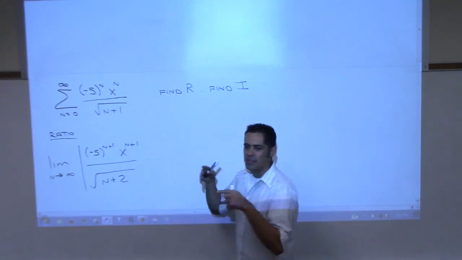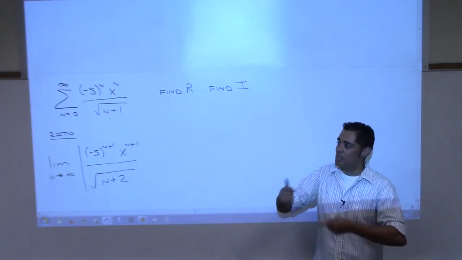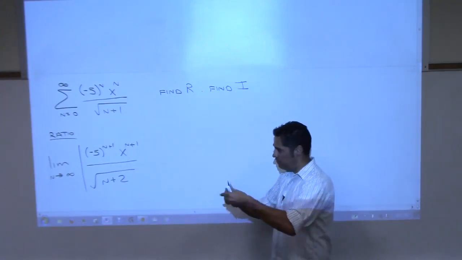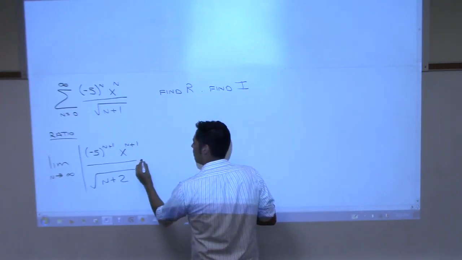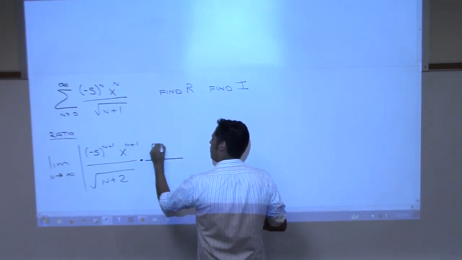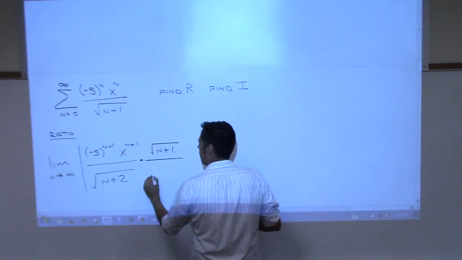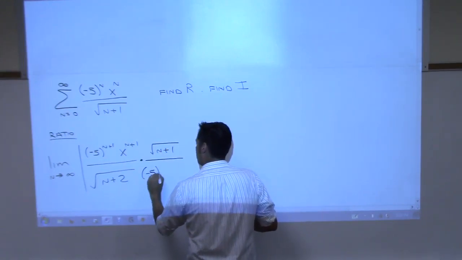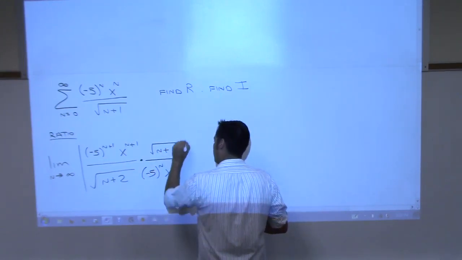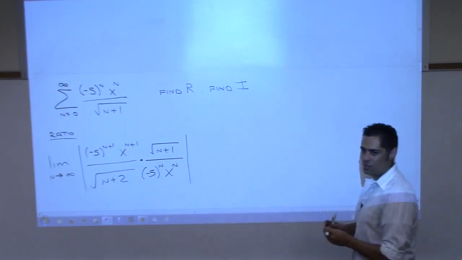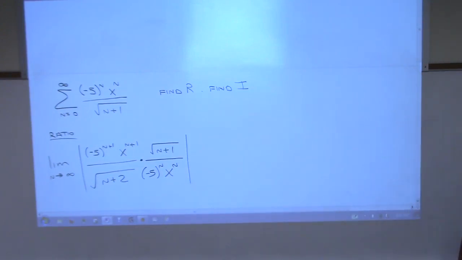What's going on here? That's a sub n plus 1, right? Then I'm dividing by a sub n, which means flipping it. So square root n plus 1 over negative 5 to the n, x to the n. So that's a sub n plus 1 over a sub n, but flipped over for us.